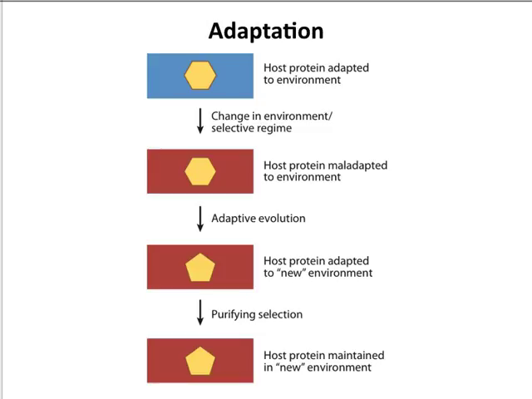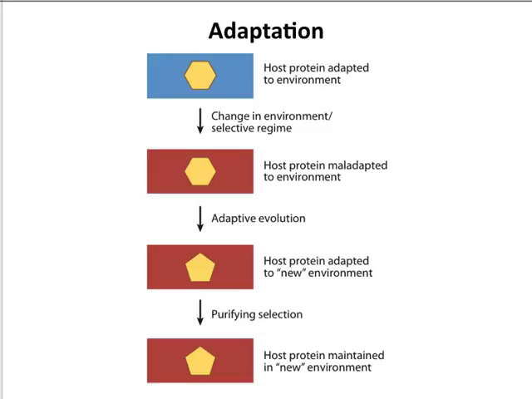However, because all organisms undergo mutations and make proteins that are different from time to time, a new protein may be selected that is now adapted to this new environment. And if that newly selected protein is well suited for the new environment, it will be selected for over all the other variants that may be present. We call that purifying selection.